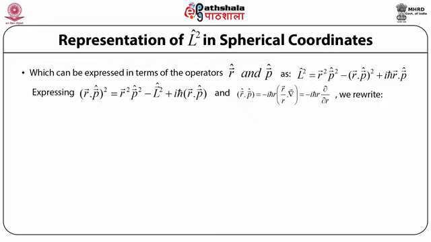iota times h cross times vector R dot vector P, where again vector R dot vector P is the scalar product of the vector R with vector P, where, as mentioned earlier, vector R is the radial vector and vector P is the linear momentum vector.